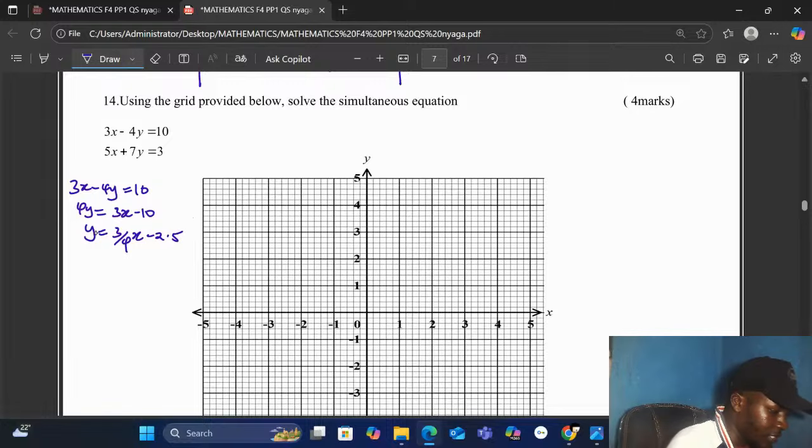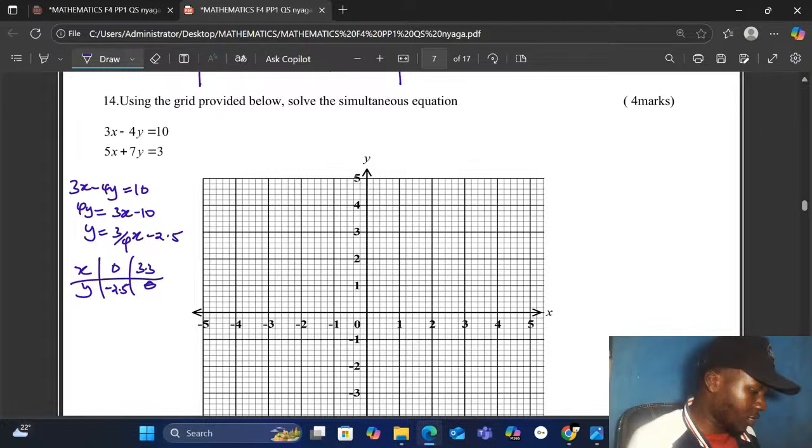So you can look for 2 points, one x, another y, so that we draw. When x is 0, y is going to be negative 2.5. And when x is 3.3, we're going to have y as 0.